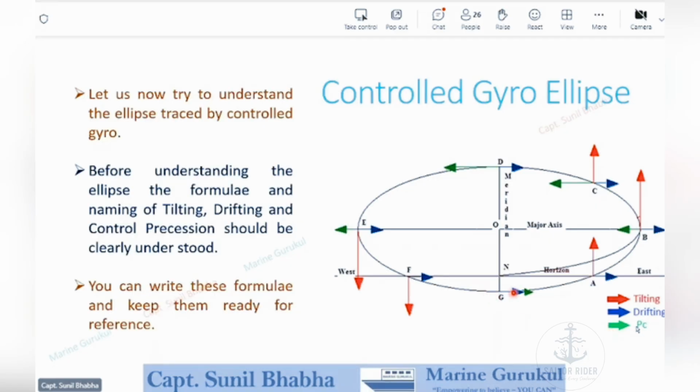Before we analyze and understand this ellipse in detail, it will be very helpful to have the formulas for tilting, drifting, and control precession refreshed in our mind. It will be better if you have those formulas in front of you, and you can have a look at them when you are understanding the elliptical motion. These formulas can be written down in your notebook and kept ready for reference.